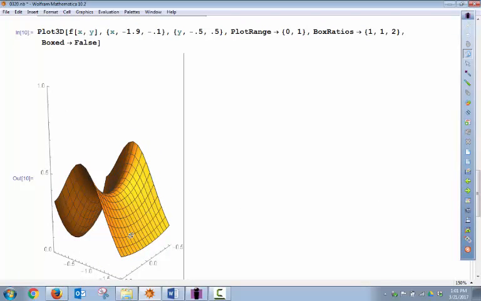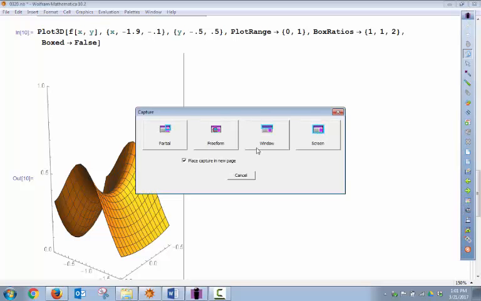See, the whole idea behind a saddle is that there's some directions where the graph is going downward, like a downward parabola, and some directions where the graph looks like an upward parabola. So this is at x is equal to -1. Picture.